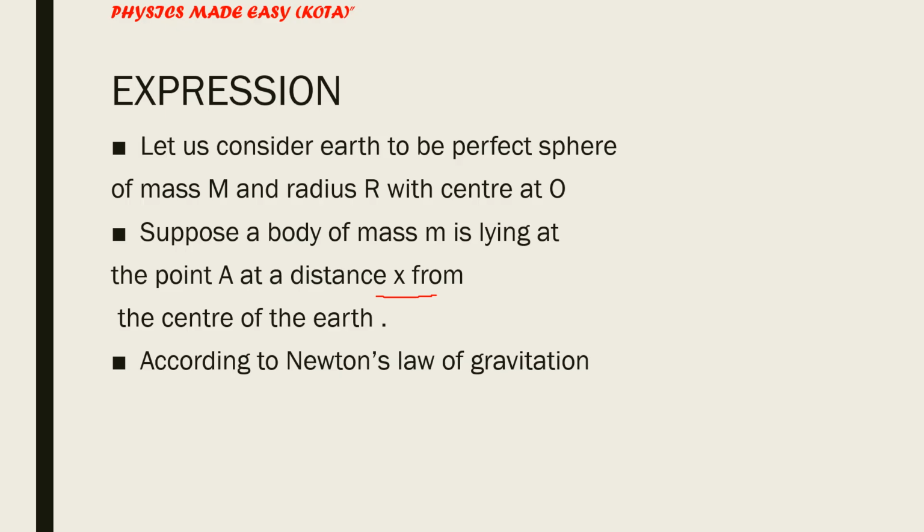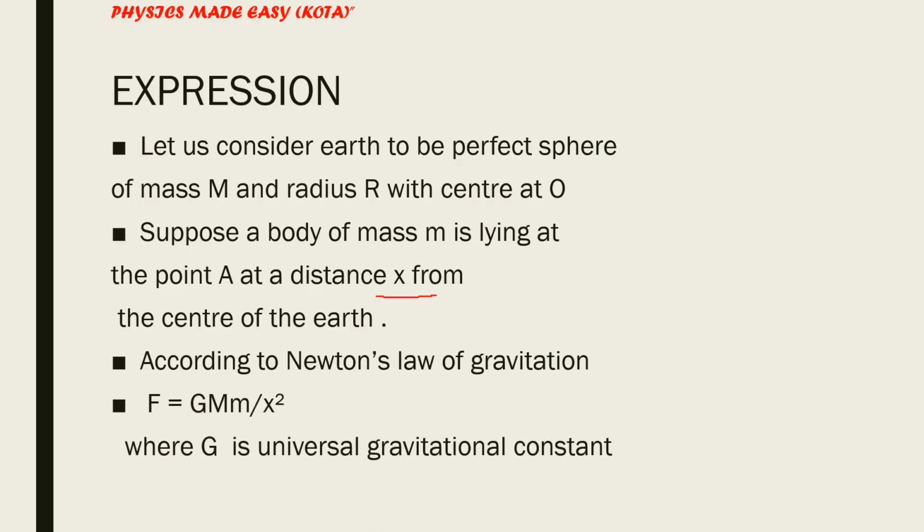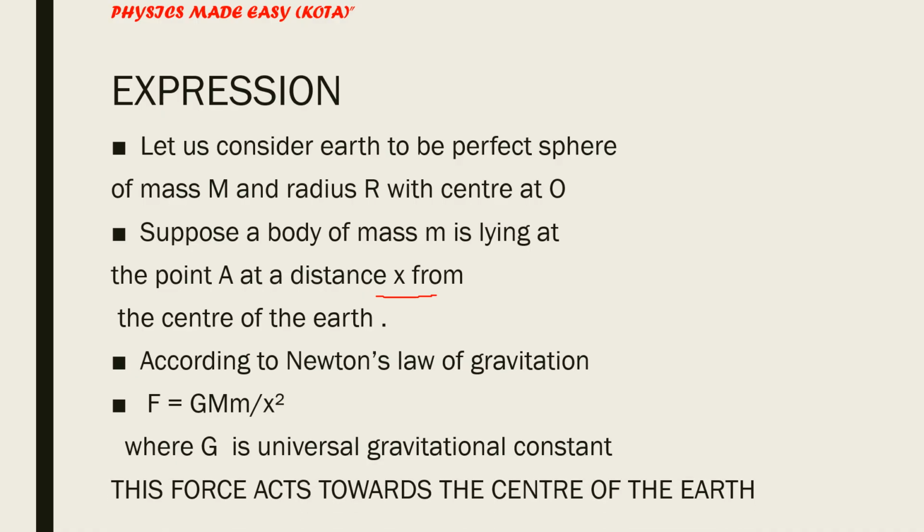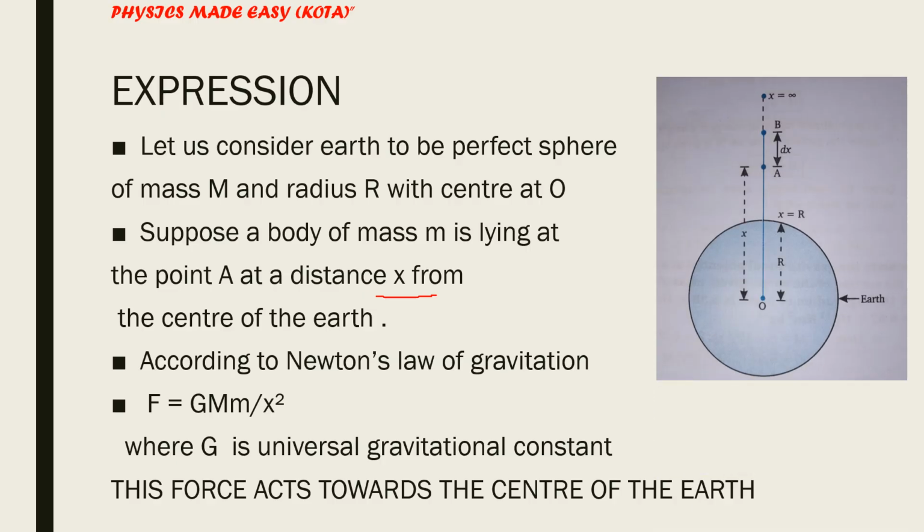According to Newton's law of gravitation, the force of attraction between the earth and the body of mass m is F equals capital G M m divided by x squared. Here capital G is the universal gravitational constant, and this force acts towards the center of the earth.